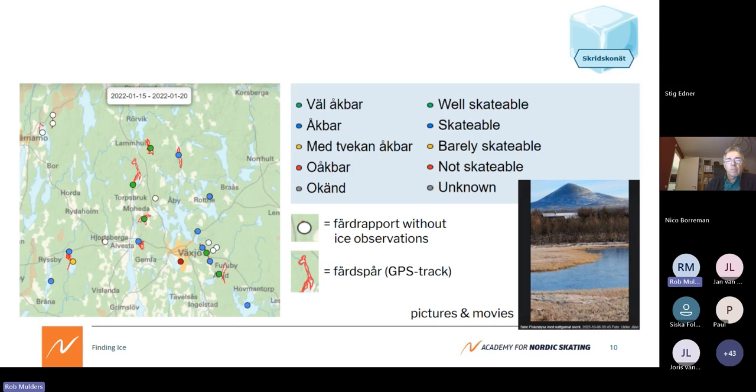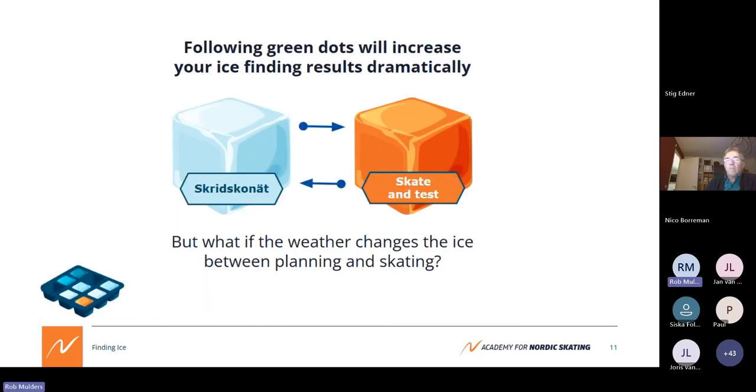Sometimes it's a bit hidden, but if you click a lot in Skridskonet, you will find out new things too. So this information, together with skate and test, will increase your ice finding results dramatically already. So that's a simple step, right?